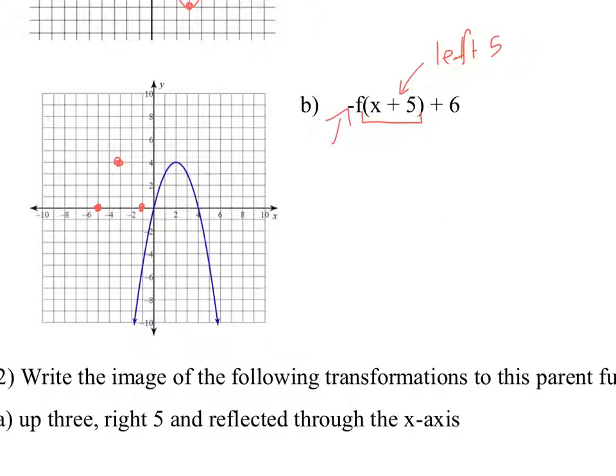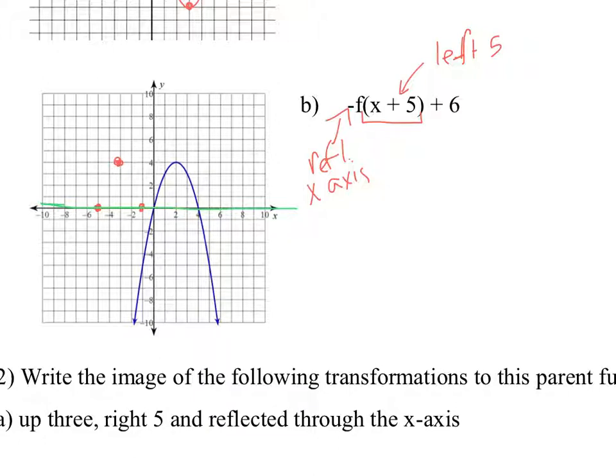So this negative f of x means I'm changing the y value. So when I change the y value, I reflect it through the x-axis. So the x-axis, I think I can pick a different color. Right here, that's your x-axis, so we're just going to flip through that.